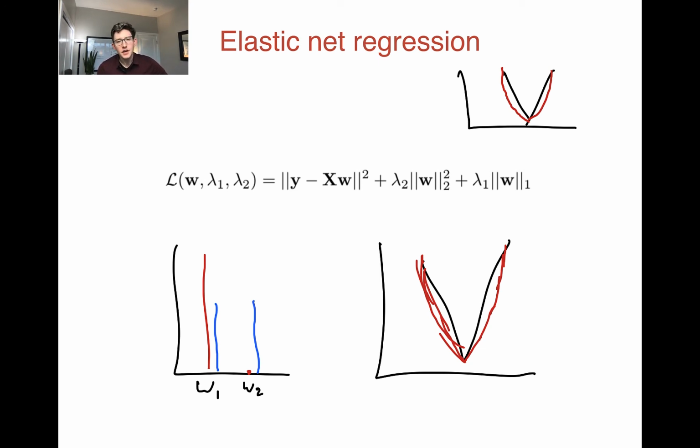If you're going to have some L1 regularization, usually it's the right thing to do also to have some L2 regularization. We're not going to talk about how to do that optimization. That's a candidate for your assignment. I think that's going to be one of the assignment questions. You'll see that it's not too hard to do elastic net regression, or at least it's not too much harder than the lasso optimization itself.